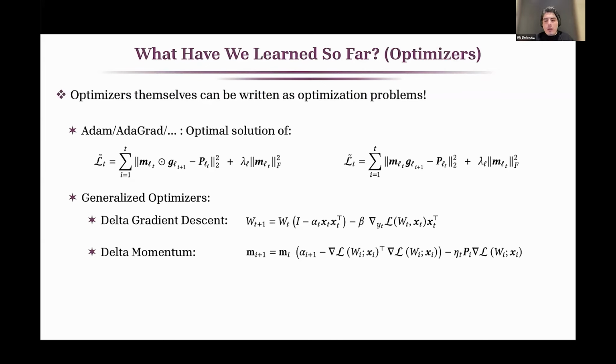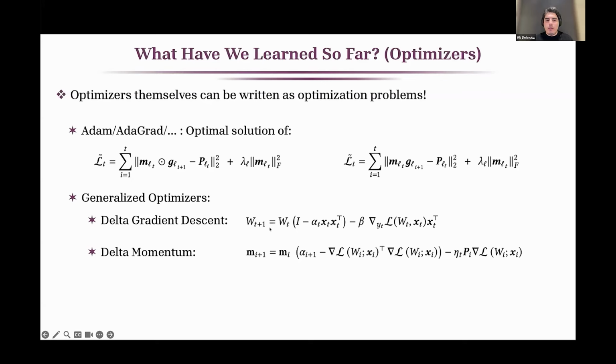But the point is how we can use all these understandings. So in the paper, we generalize some well-known concepts. For example, instead of a simple gradient descent, because we saw that gradient descent is a form of optimization of the dot product similarity, we can simply change that to L2 regression loss to come up with a more powerful update rule.